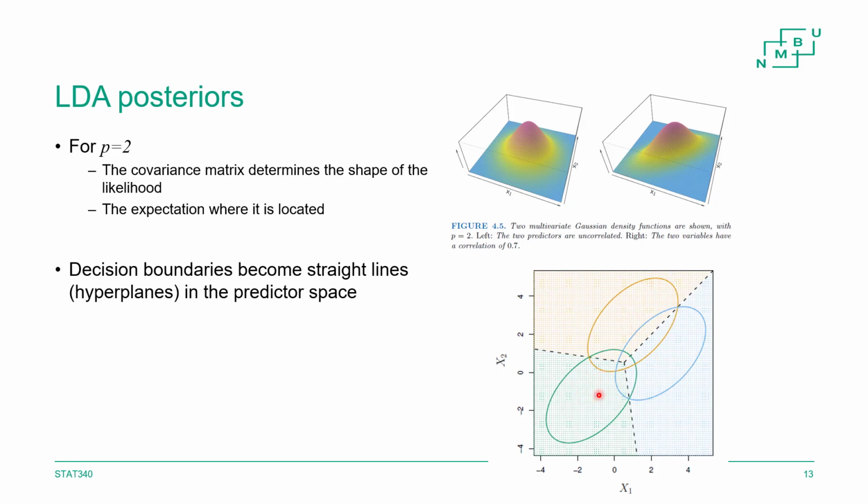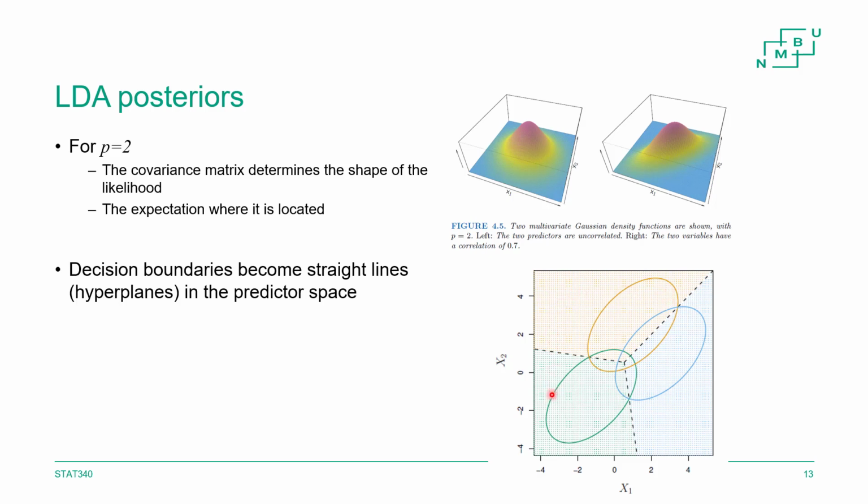But they are located at different places. This one has a top here, the yellow one, the blue one has a top here, and the green one has its top here. And then you will see these black broken lines indicate now the decision boundaries, right?